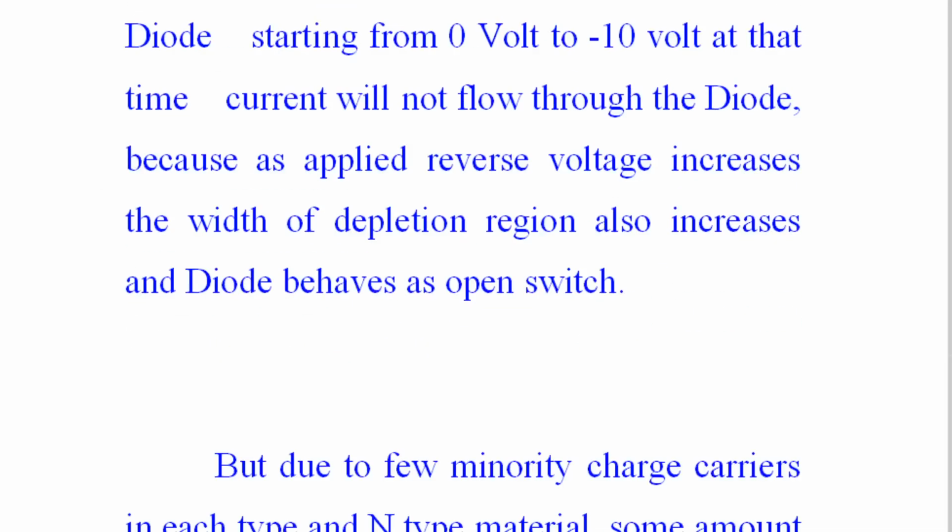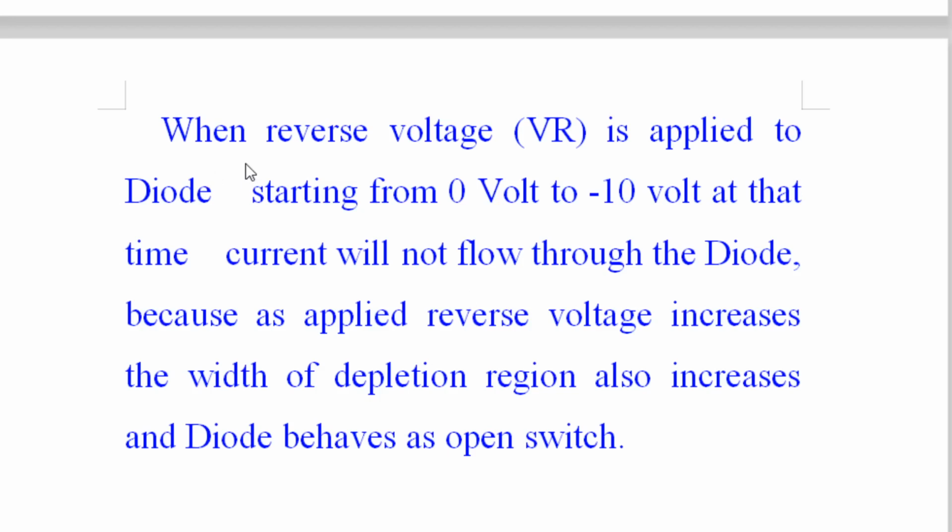Now the next part is explanation only. When reverse voltage VR is applied to the diode starting from 0 to minus 10 volt, at that time current will not flow through the diode, because as the applied reverse voltage increases, the width of the depletion layer also increases and the diode behaves as an open switch.